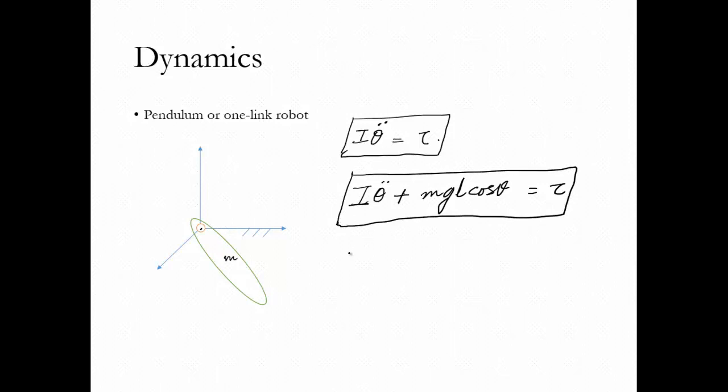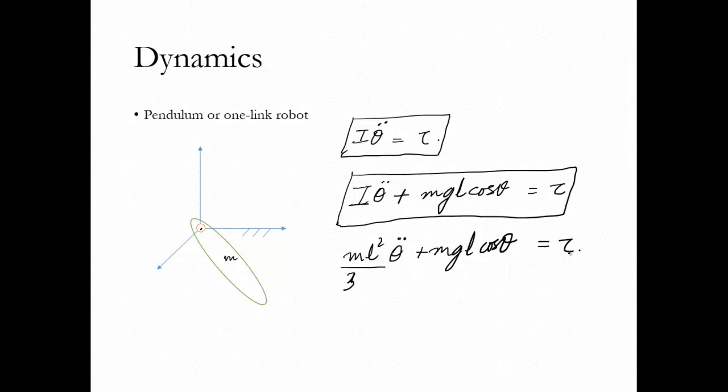Here I can be replaced by ml square by 3, because it's about the axis of the robot. About the center of mass, we may have ml square by 12. So ml square by 3 theta double dot plus mgl, I have to check if it's cos theta or sin theta, is equal to tau.